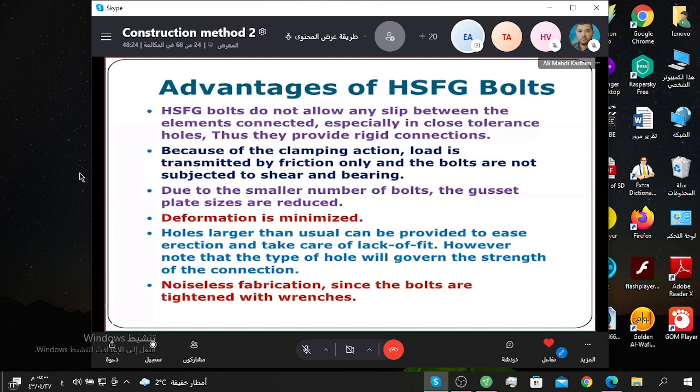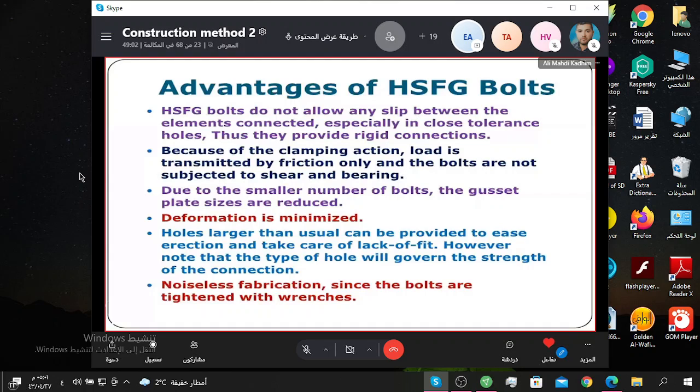Advantages of HSFG bolt. HSFG bolts do not allow any slip between the elements connected, especially in close tolerance holes. Thus, they provide rigid connection. Because of the clamping action, load is transmitted by friction only, and the bolts are not subjected to shear and bearing. Due to this, with a similar number of bolts, the gusset plate size is reduced.